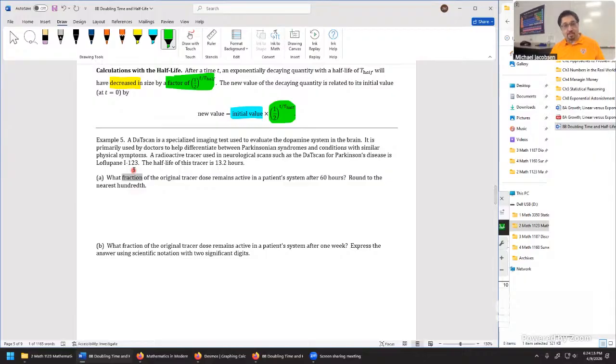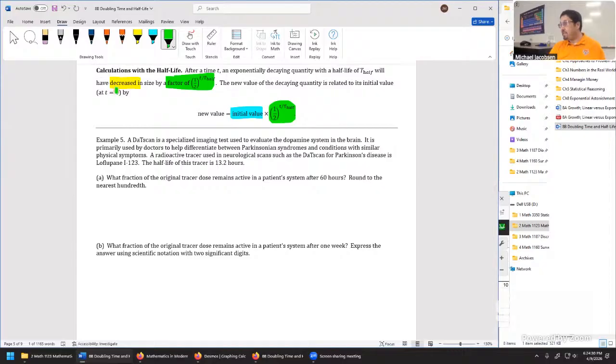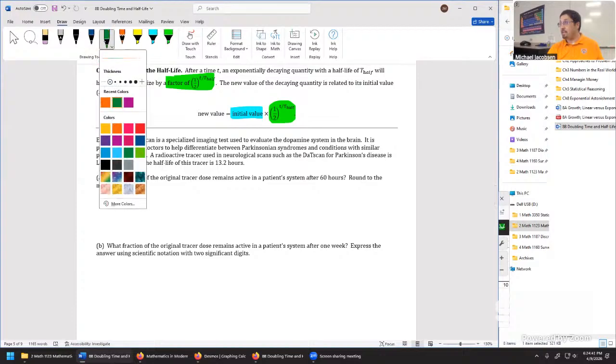The reason it's phrased this way, which is, again, to me, pretty awkward, is because we're thinking of that right there as the fraction, 1/2 raised to some power. So just to help with the wording a little bit, think whenever it asks for what fraction of the trace or dose remains active, we're asking really what factor is something decaying by.